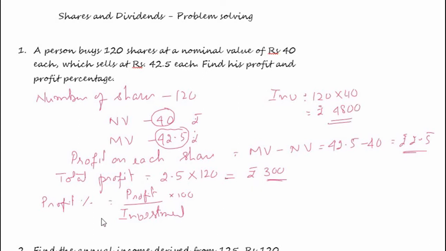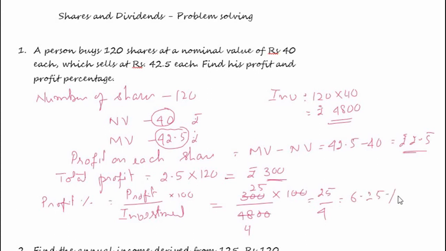So coming back here, the profit percentage is profit, that is 300, divided by investment, that is 4,800, into 100. 2 zeros go here. 12 4s are 12, 25s are, so it is 25 divided by 4, which is 6.25.